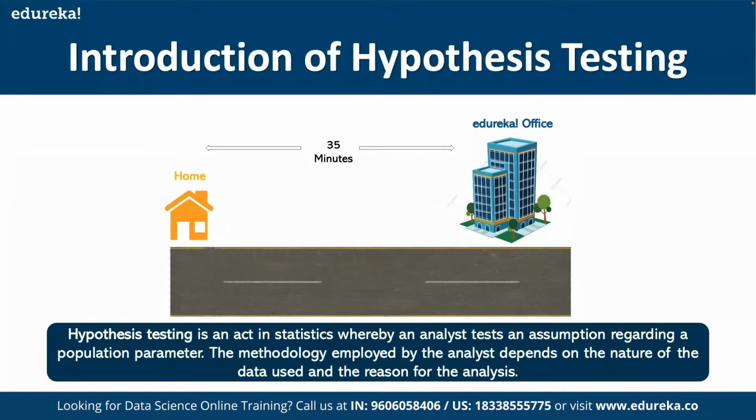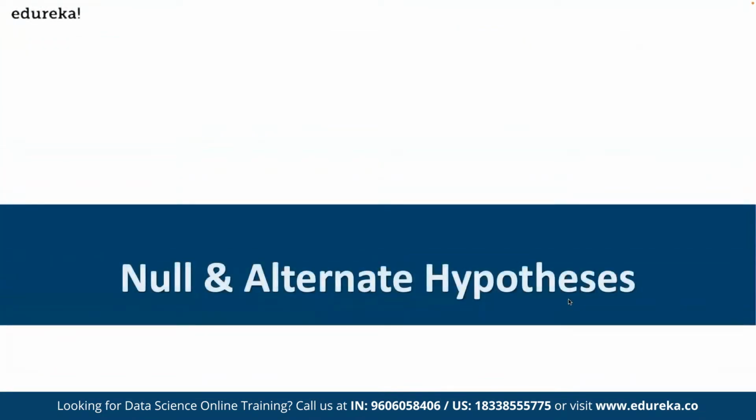These are all assumptions that we have. Once we have an assumption, we call it a hypothesis, and we are going to test it. In order to test this hypothesis, we select a sample from the population and then perform the testing. The method we use always depends on the nature of the data and the reason for the analysis. That's the core idea about hypothesis testing.